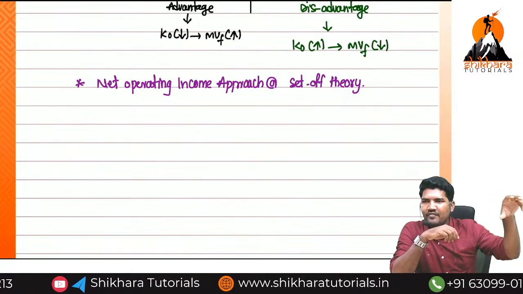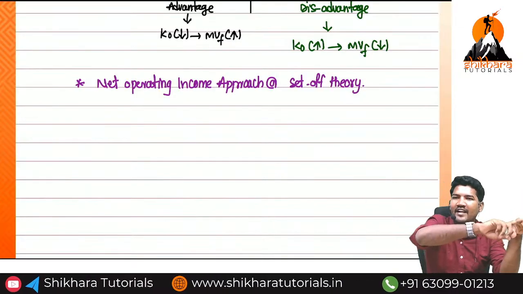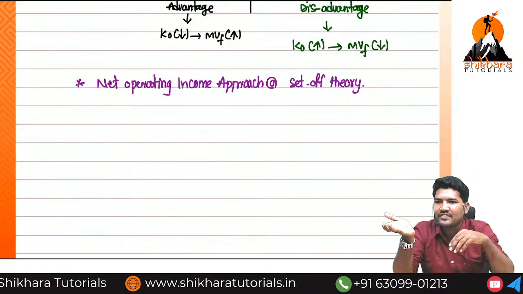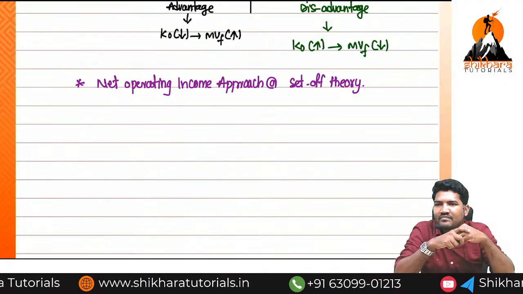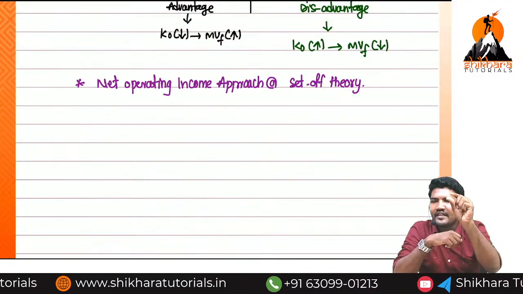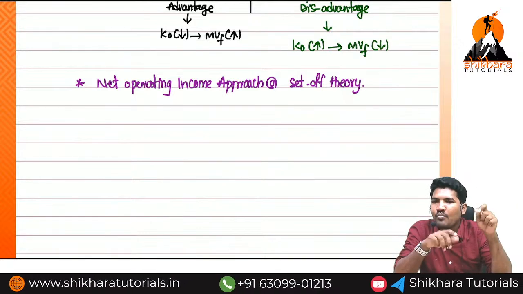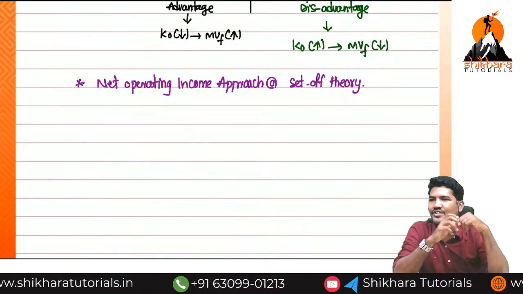Now what happened? Debt is a cheaper fund. I am having an advantage, and I need to compensate existing shareholders for the disadvantage they bear. Advantage, disadvantage. What happened? Balanced. Due to debt, 2% rate is saved for my company. Now what do I have to do? I need to compensate the 2% to existing shareholders.